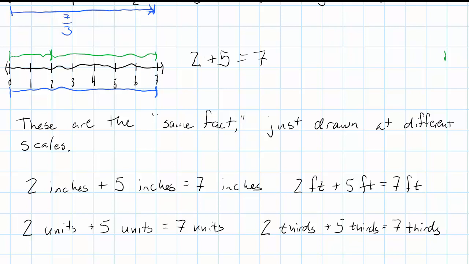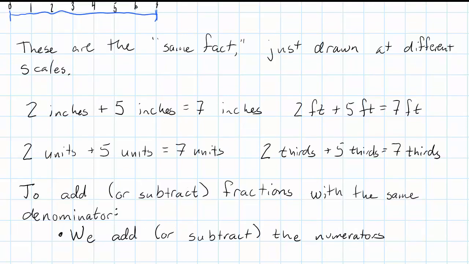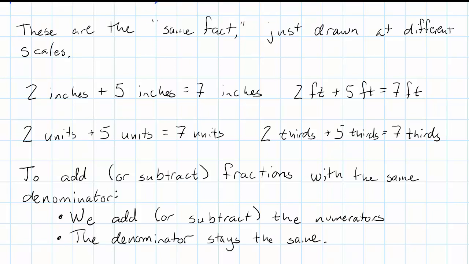This gives us our rule for adding fractions when they happen to have the same denominator. First we add or subtract the numerators, and then really that's it. The denominator stays the same.